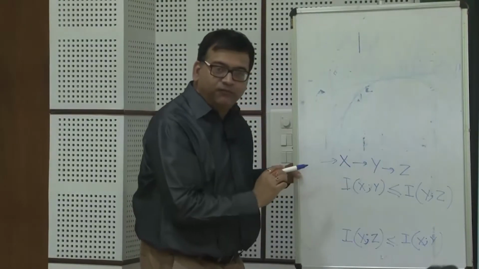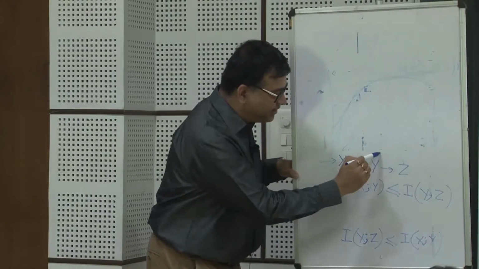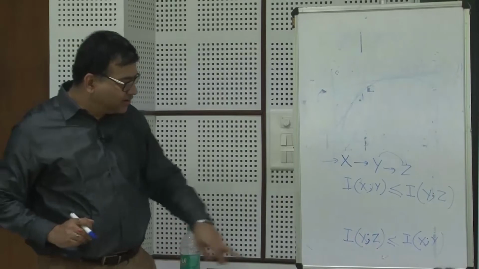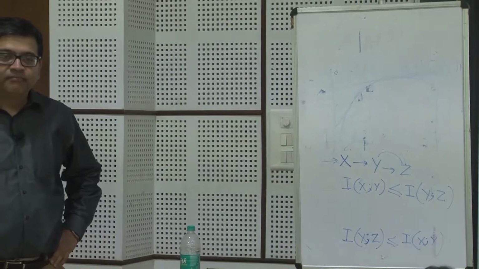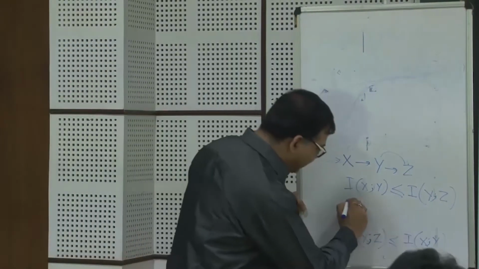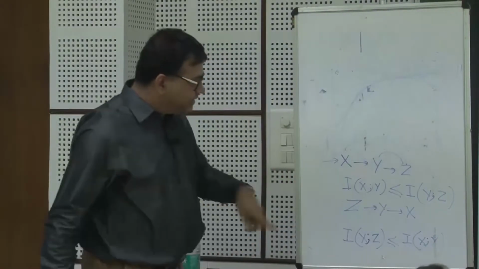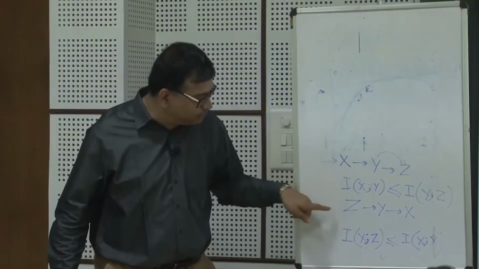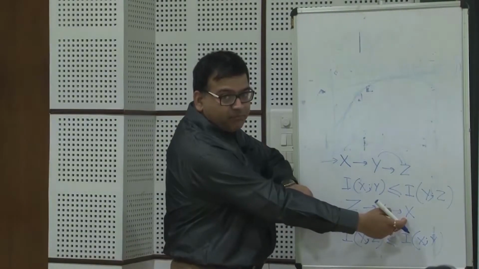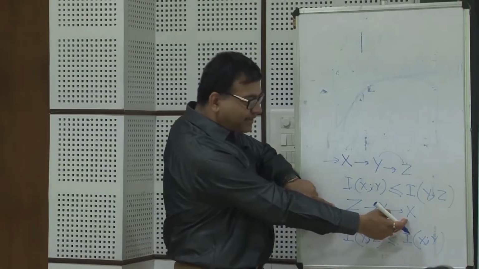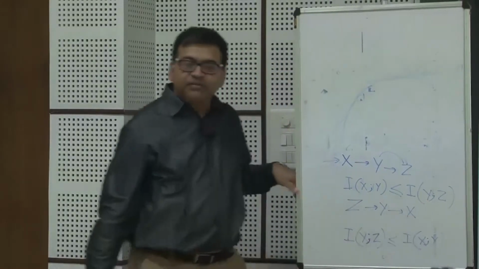When x, y and z form a Markov chain, we could show that mutual information between this is less than or equal to mutual information between this. So, to prove this result, what do you need? If I can show you that this implies this, then using this result, I will show that mutual information between x and z is less than or equal to mutual information between x and y.